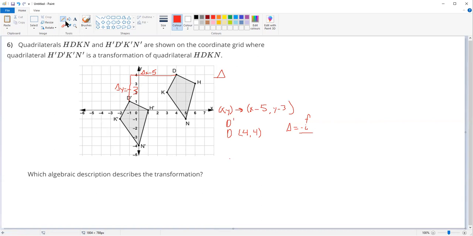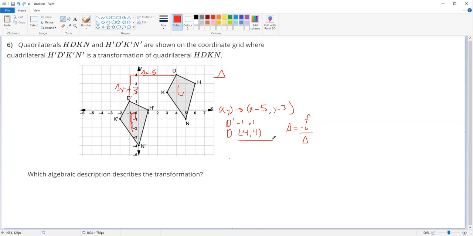So my delta equals, this is my initial, this is my final. My final is -1, comma 1.